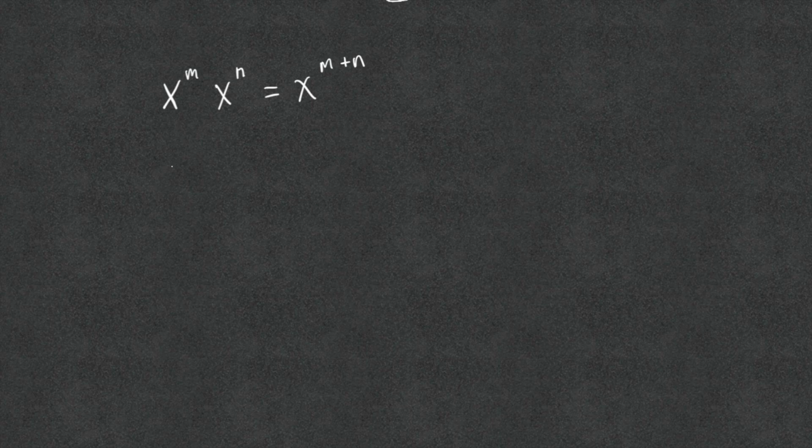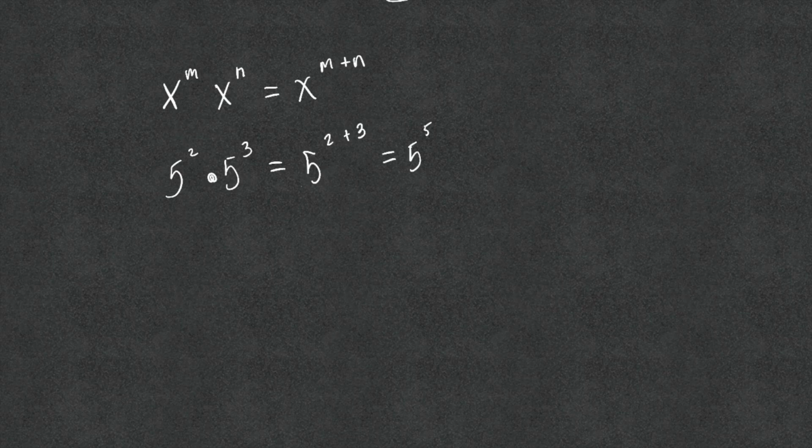For example, if we have 5 to the 2nd power times 5 to the 3rd power, that's 5 raised to the 2 plus 3 power. That's 5 to the 5th power, 5 times 5 times 5 times 5 times 5. Sometimes you'll be asked to simplify the exponent and you'll leave it like that. If you are asked to solve, then this is your answer.